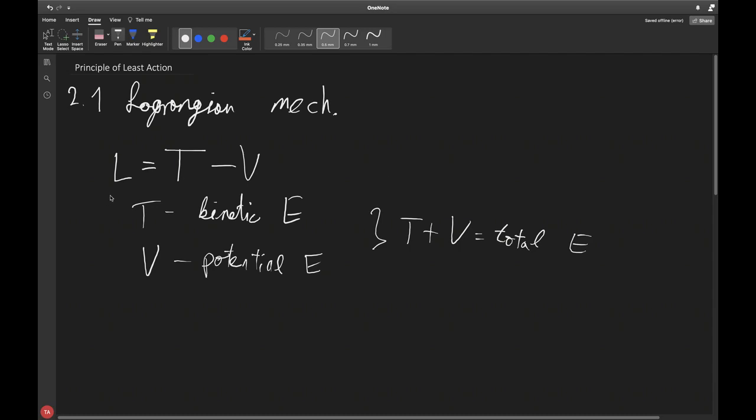We will see later why this was defined like this, but for now, this is the Lagrangian function.